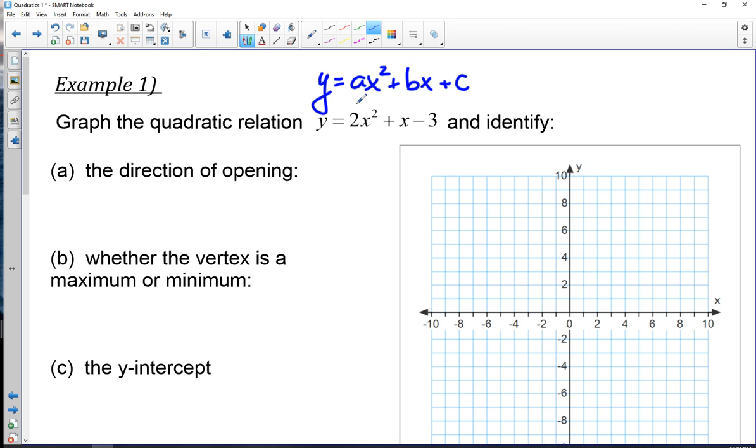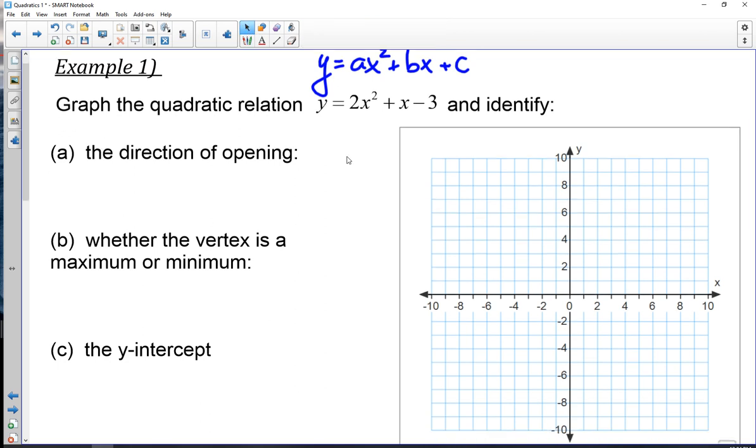So the a coefficient happens to be 2, the b coefficient is positive 1, and the c coefficient is negative 3. Because it's written in standard form, we know the direction of the opening based on the value of a, and we know it's going to open up. Again, that's because the a value of 2 happens to be positive.